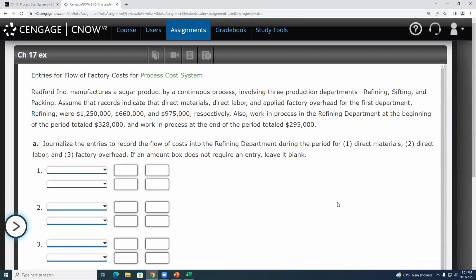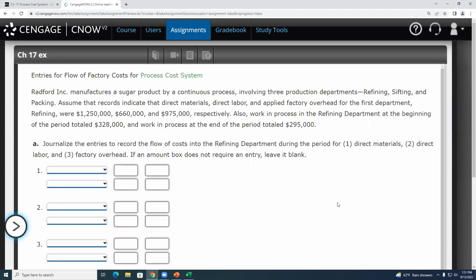And so they use one work in process account for each step in their manufacturing process. So they may call them departments, they may call them steps in the process, but they would have a separate account for each one of those steps.